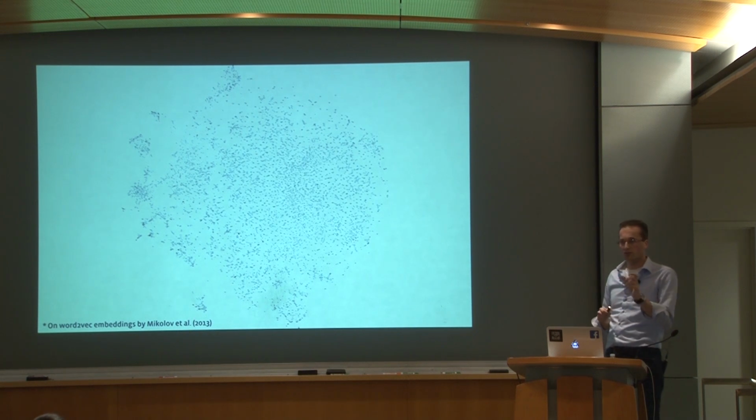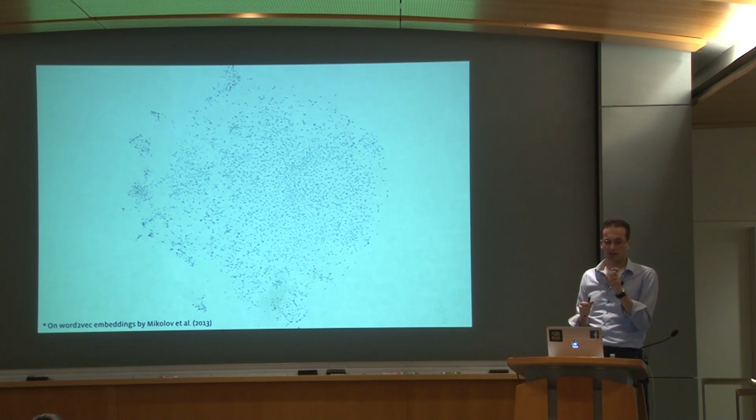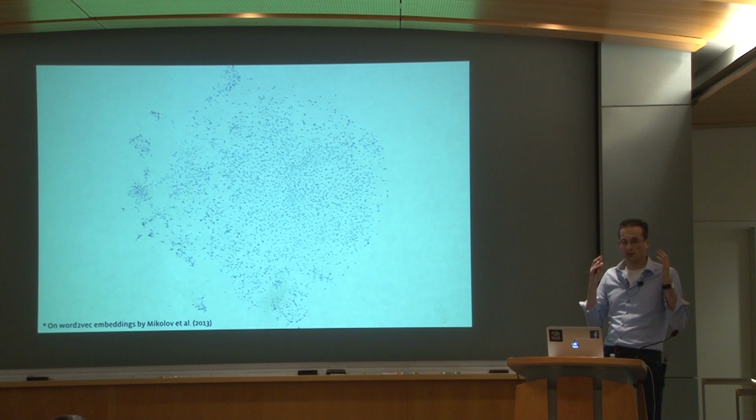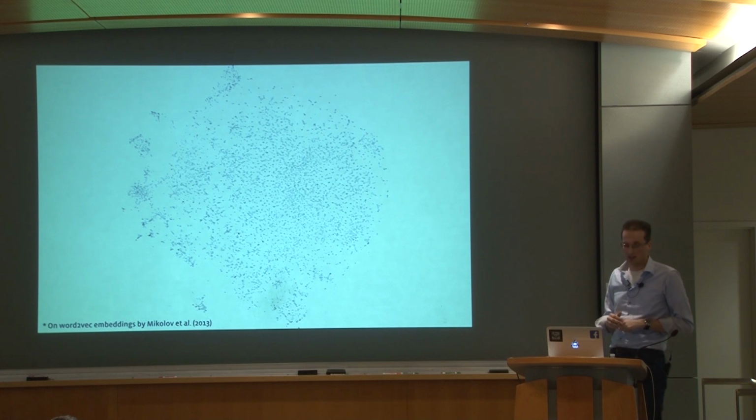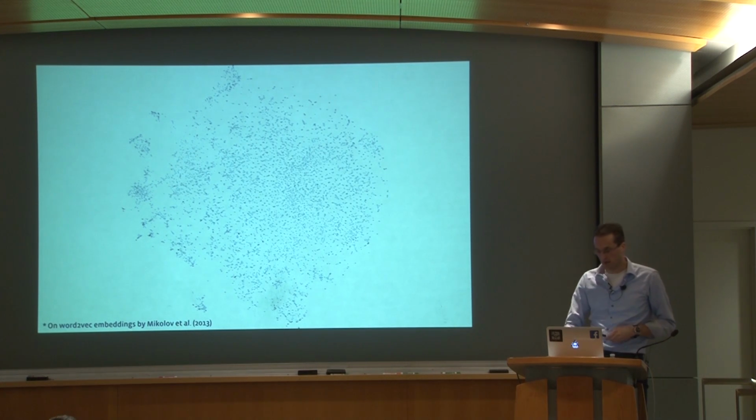And what it wants to do is make sure that vectors of words that are co-occurring in a sentence are close together. You basically download the internet, you train an algorithm to learn those vectors, and now you visualize the word vectors.